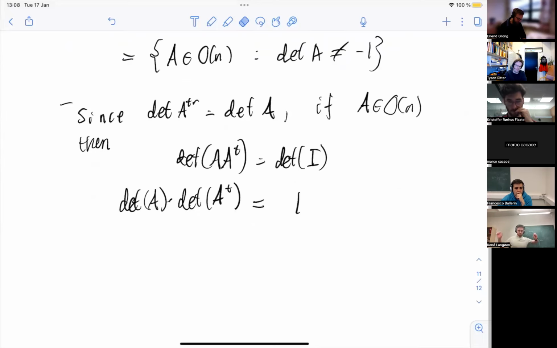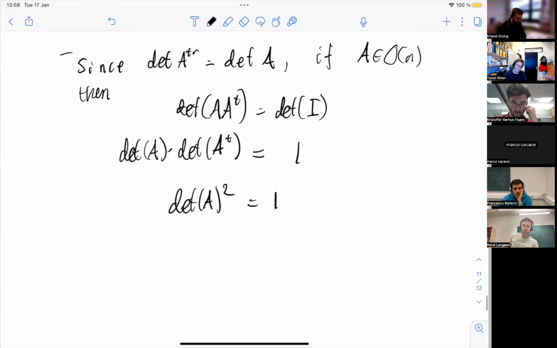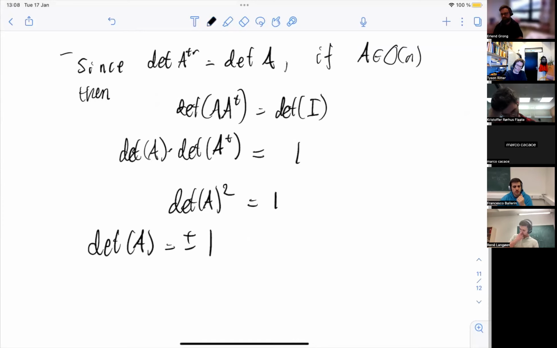And these are the same, so we get that the determinant of A squared should be 1. And so the options for a determinant in the orthogonal group is that it is either plus or minus 1.